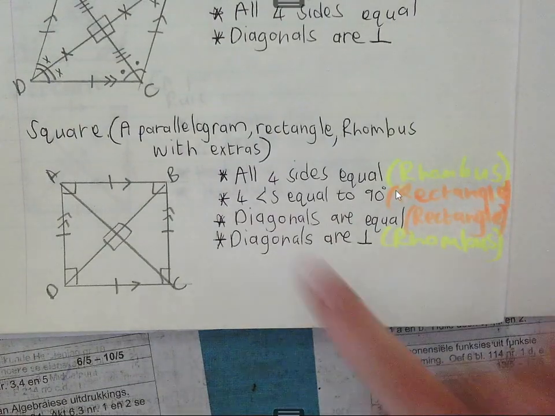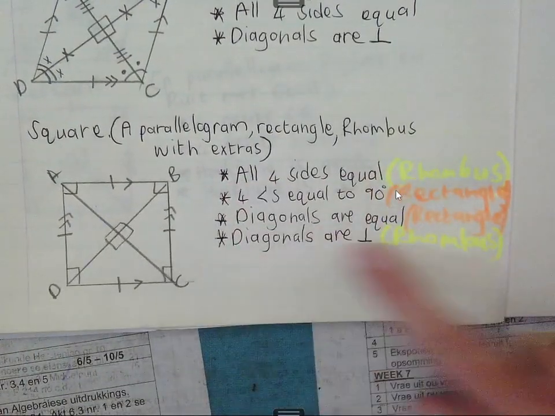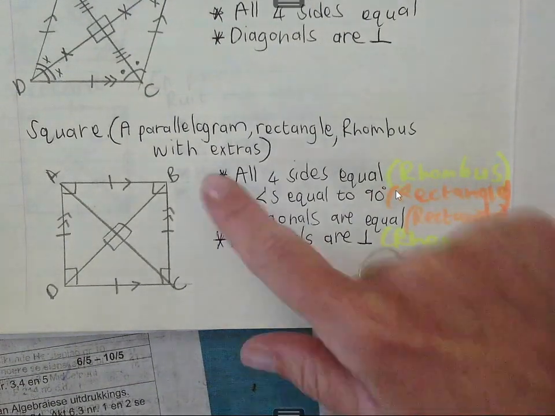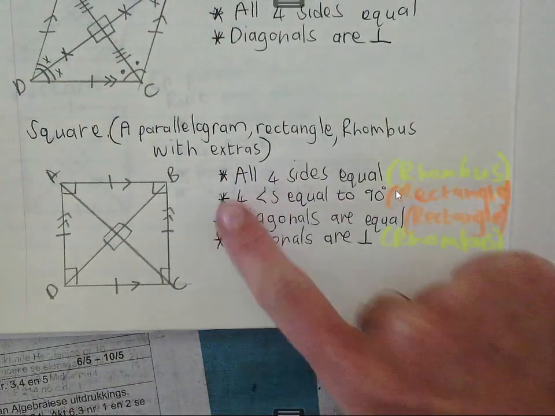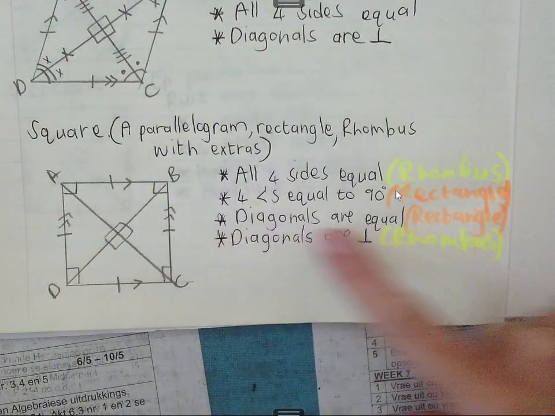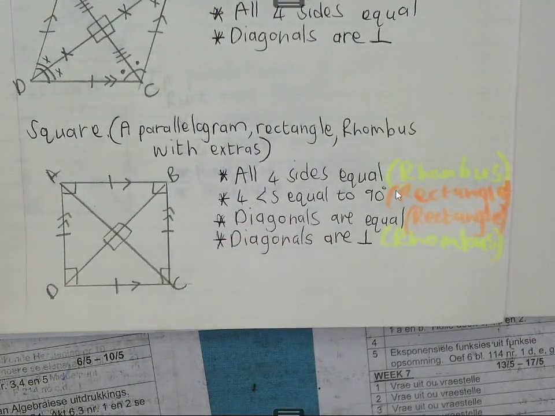So it won't be enough proving that all four sides are equal and the diagonals are perpendicular, because then you've just proven rhombus. But if you prove that all four sides are equal and all four angles are equal to 90 degrees, then you've proven a square. Or if you prove that the diagonals are equal and you prove that all of the sides are equal, you've proven a square.